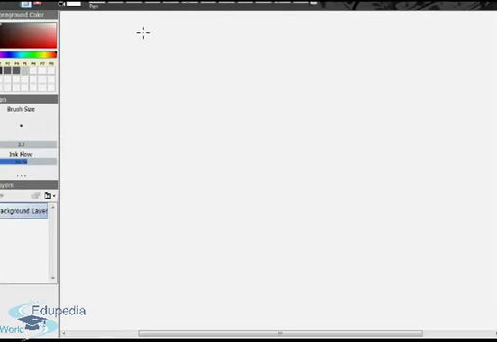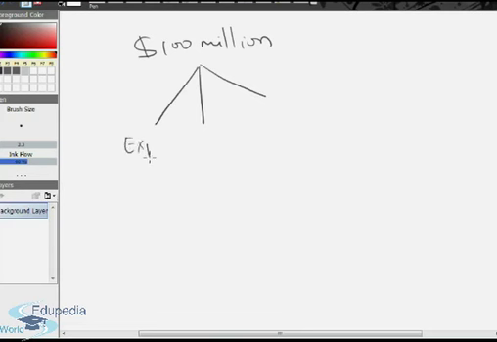Let's take an example. Suppose a firm has $100 million investable funds and it has three risk-free alternative uses of this fund. It can invest this amount in expanding its business. It can invest this amount in setting up a new project.